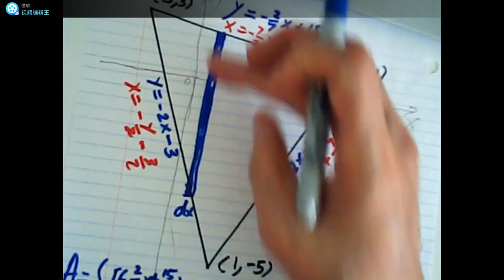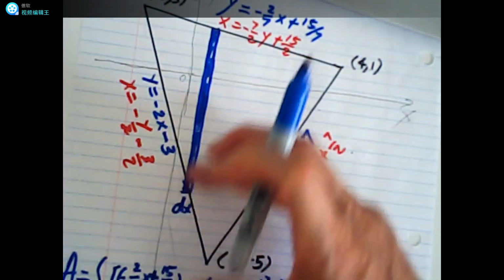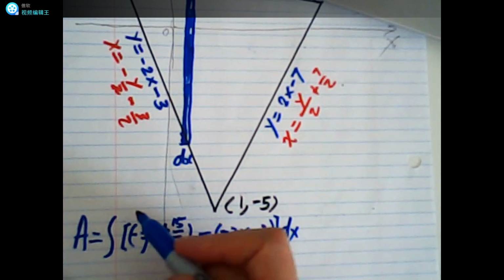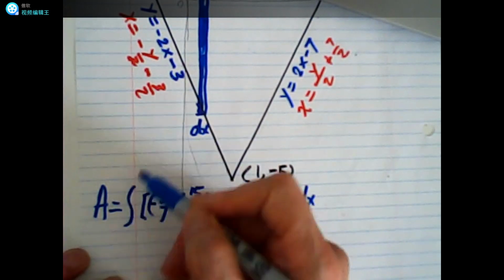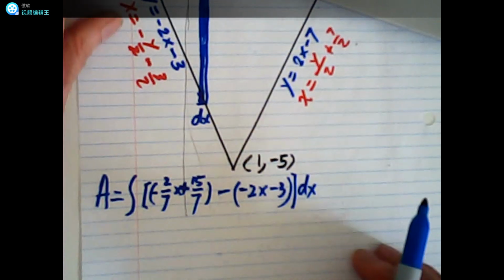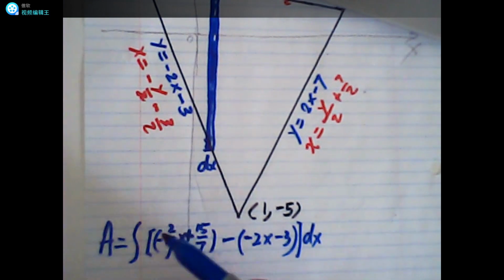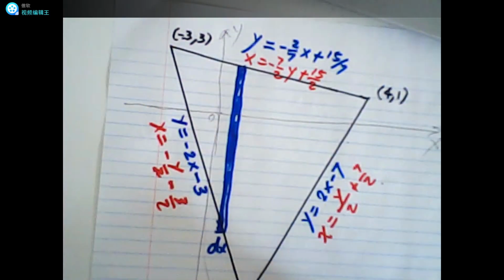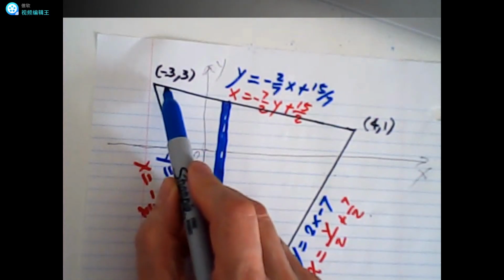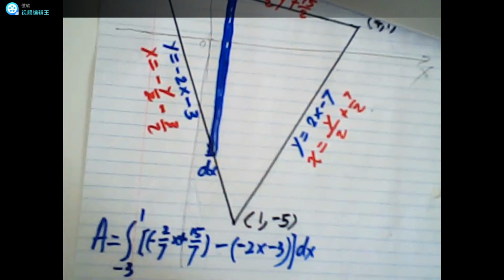So this minus this one is the length, times dx is the area of this slice. And the summation means the integral. This integral sign is actually a summation, sigma. And this integral is from minus 3 to 1.